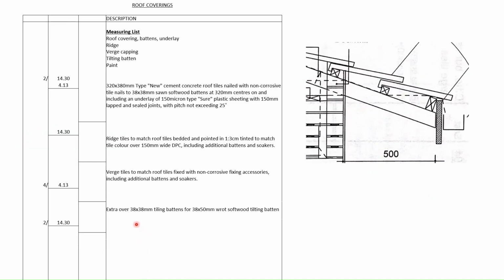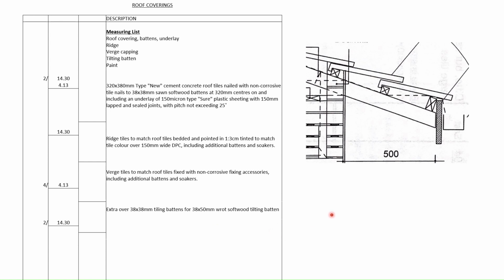The description would read extra over 38 by 38 millimeter tiling battens. Remember that these are the battens that we described when we were measuring the roof covering. So extra over 38 by 38 millimeter tiling battens for 38 by 50 millimeter wrought softwood tilting batten.